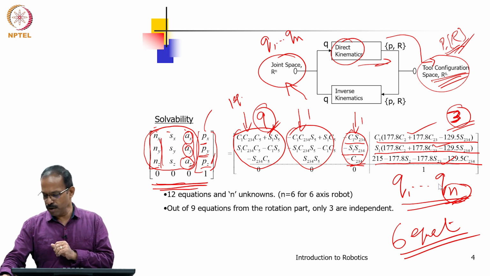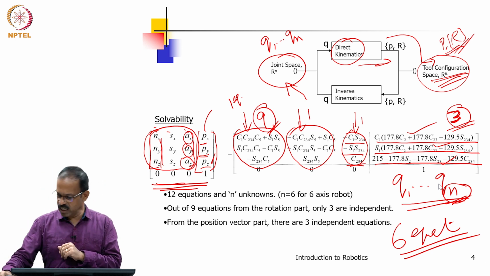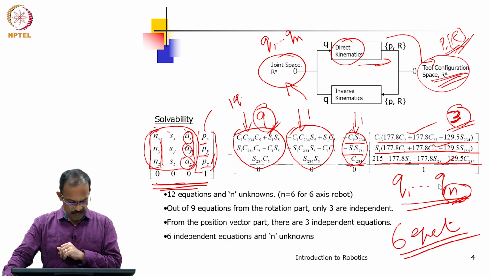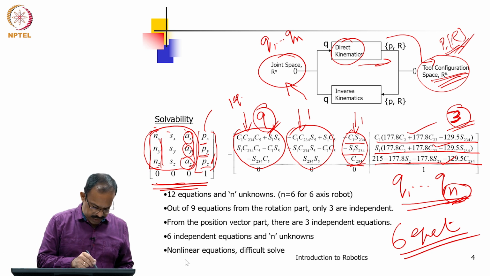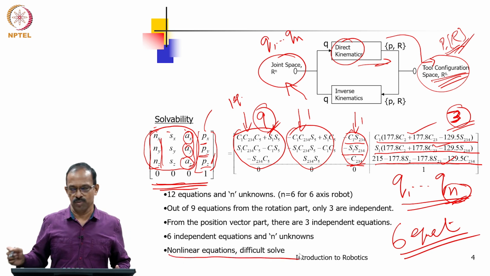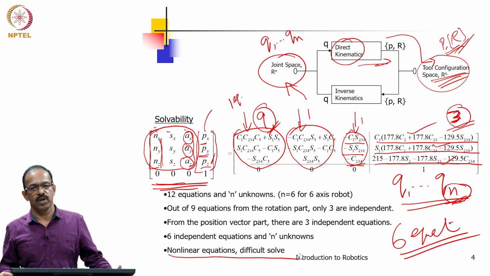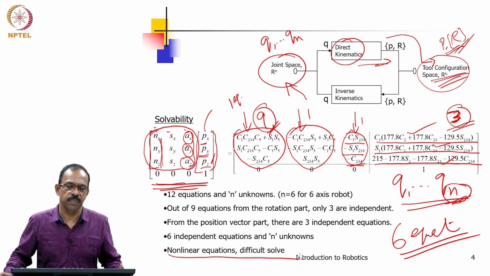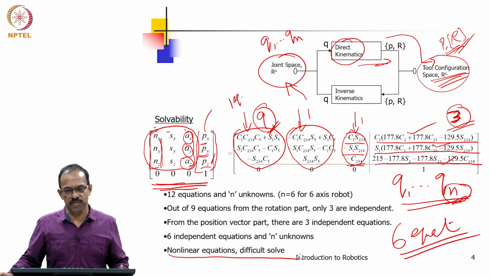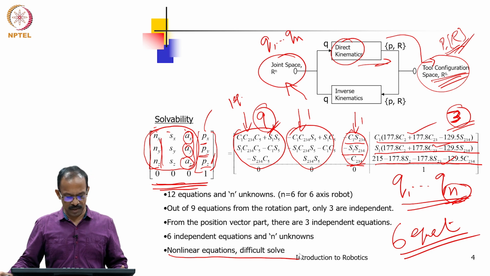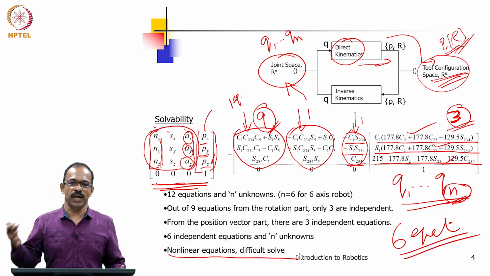So, effectively we have 6 independent equations and n unknowns, and they are nonlinear equations and difficult to solve. We need to solve them in order to find the joint variables, but they are not that easy to solve because they are nonlinear, and when n is more than 6, again you will have difficulty.